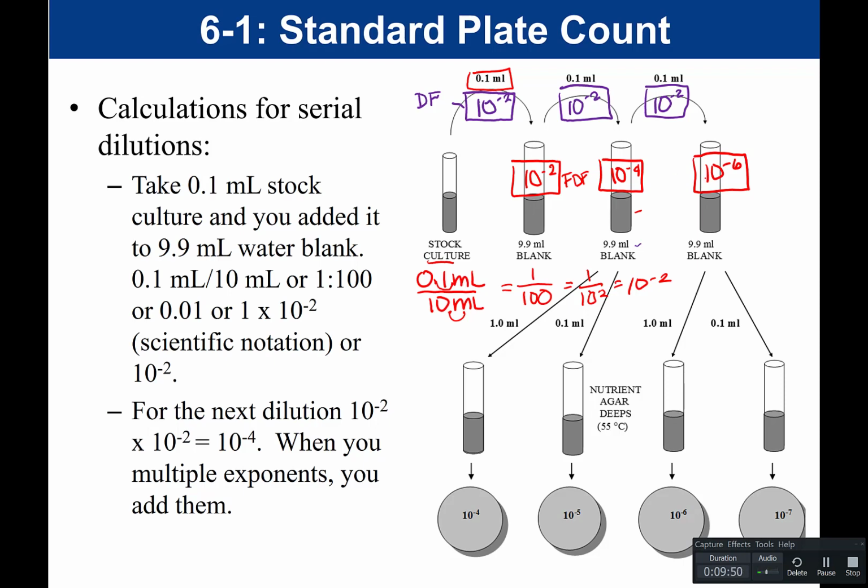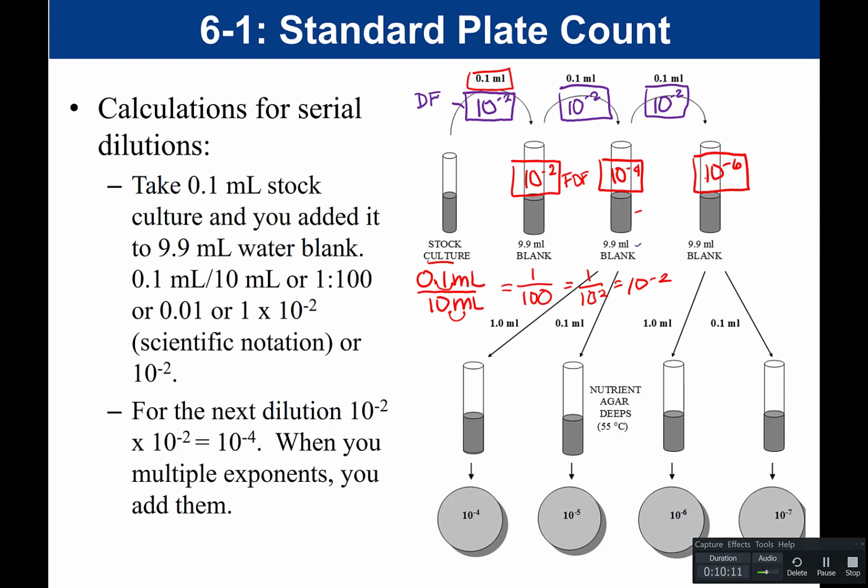Now, when we do this serial dilution and we end up with 3 tubes, 10 to the negative 2, 10 to the negative 4, 10 to the negative 6, those are my serial dilutions. Those are what I start with. Then what I would do is transfer that onto a plate.